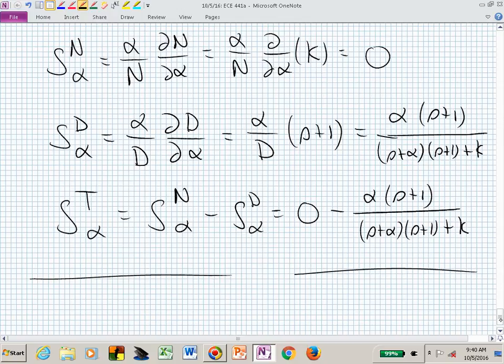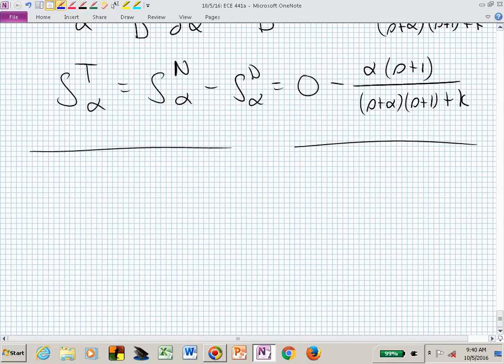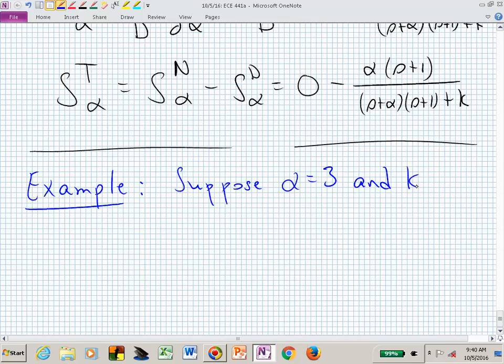Let's see if we can start to become a little bit more comfortable with what that S of T with respect to alpha looks like. By that, let's just pick some values for alpha and K. Suppose alpha is 3 and K is 5.